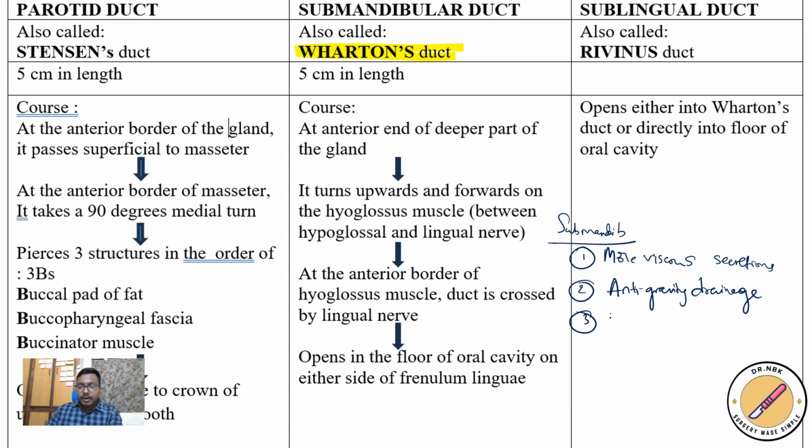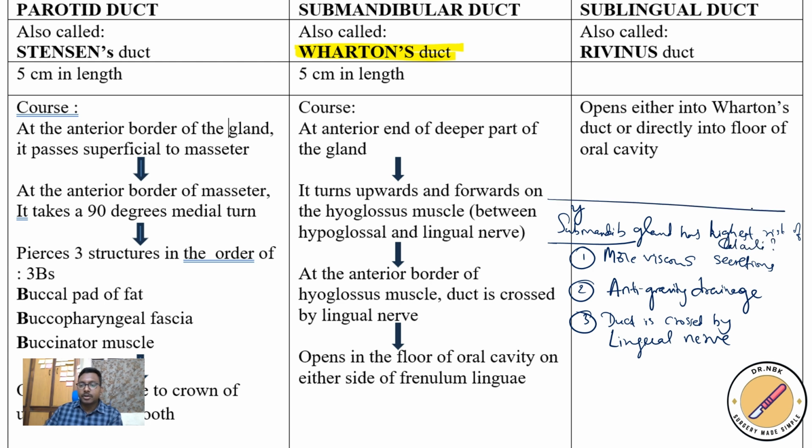Sometimes at this juncture there can be a little bit of obstruction and all the secretions will be pulled up. Again, there is more chance of calculus formation. These are the three important reasons why the submandibular gland has the highest risk of calculi.